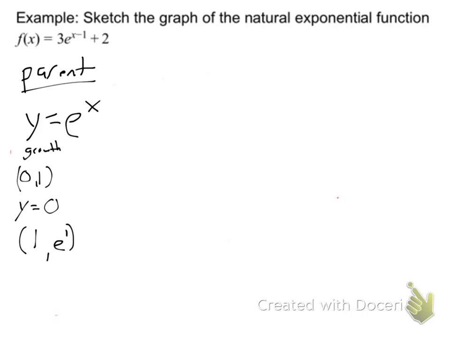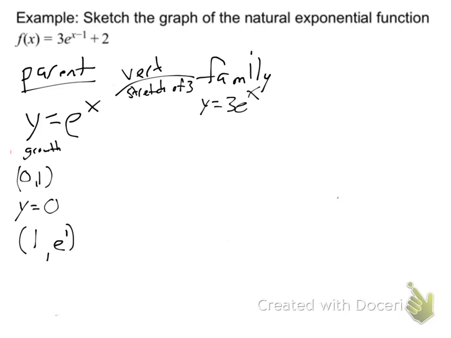And by now, I'm hoping everybody understands what you would do with each and every one of those. We've been doing it over and over. So family, vertical stretch of 3: y equals 3e to the x. Yeah?